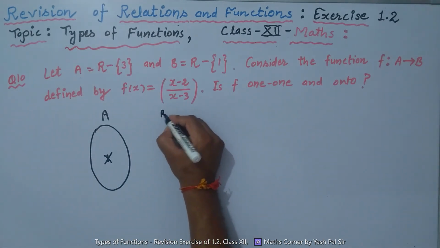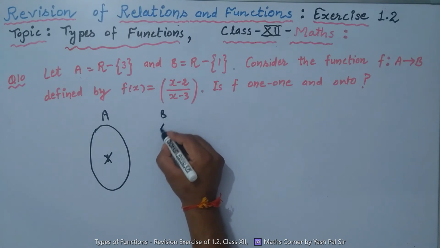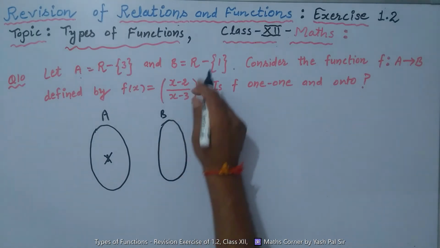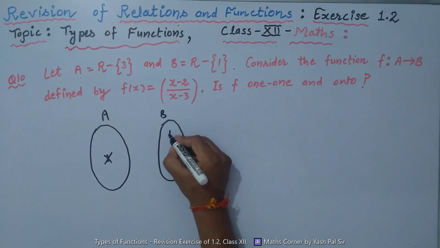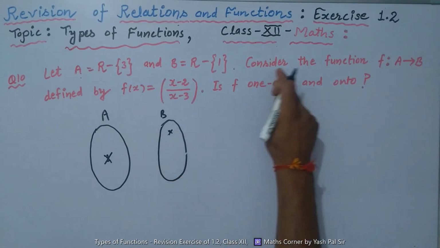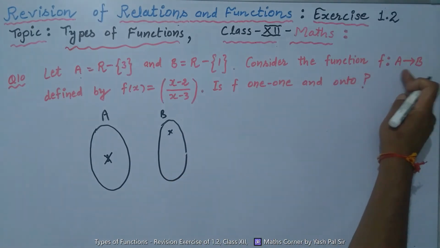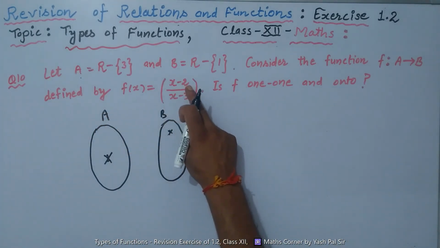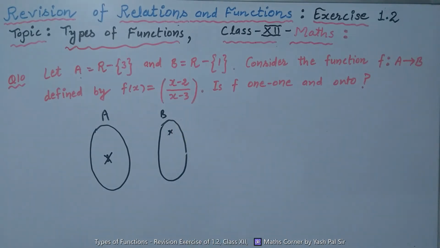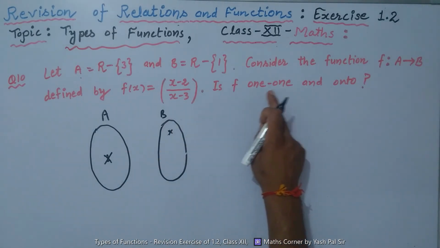Similarly, B is the set of all real numbers except 1, meaning 1 is not a part. Consider the function f from A to B defined by f of x is equal to x minus 2 upon x minus 3. Is f one-one?